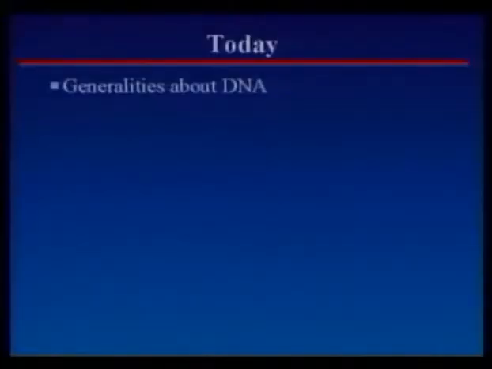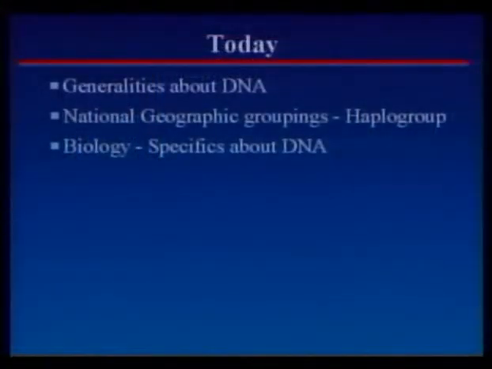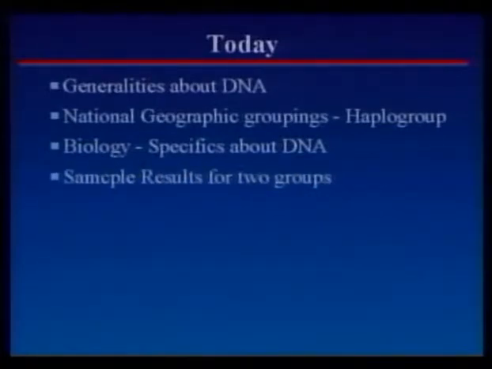Certainly will try. What I want to talk about today is, first of all, the generalities that you find in DNA. Then we'll talk about the National Geographic groupings called a haplogroup, a little bit about the biology, the specifics about DNA, some of the sample results for the two groups.